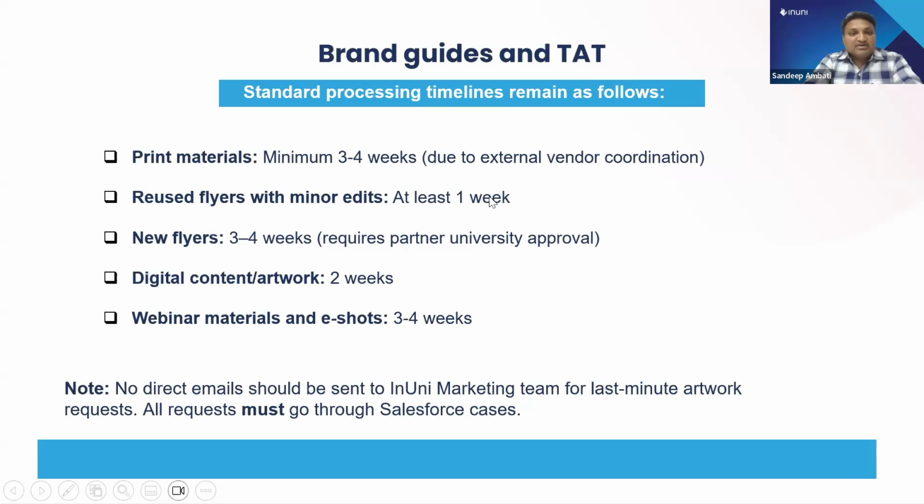Basically, it is a kind of personalization, adding your details on the flyer or the brochure. New flyers definitely take 3 to 4 weeks, because we need to develop them from scratch, and of course that requires the partner university's approval. So it may take some additional time, sometimes more than 3 to 4 weeks.